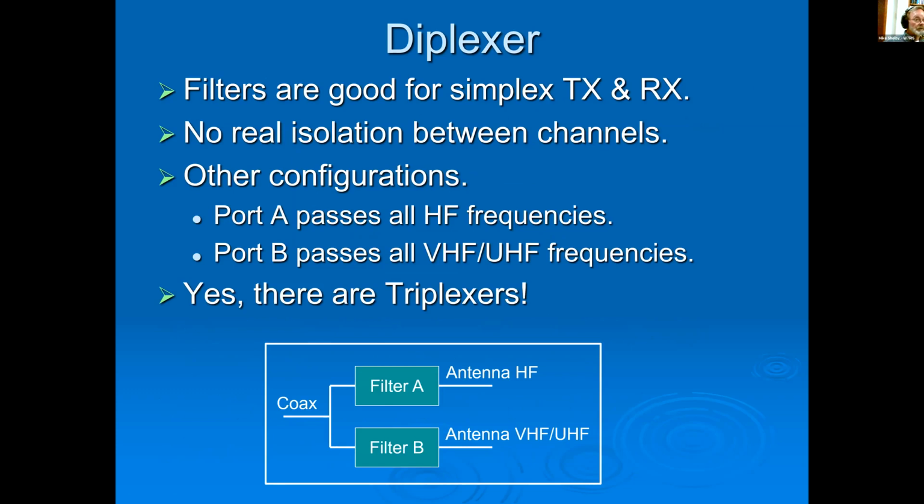For simplex, transmit and receive. No real isolation between channels. Other configurations, you may have one port that's set for HF, the other port set for VHF, UHF. So you can buy them in different configurations. And yes, there are also triplexers in this type of combination.